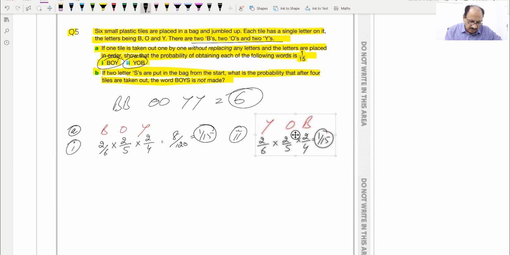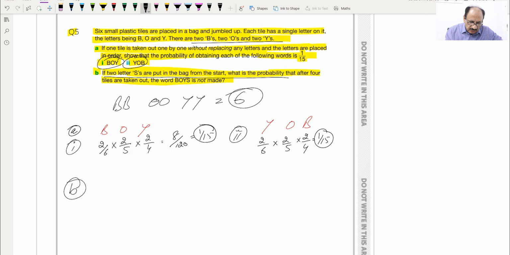And this will be our answer for part II. Now we can go for the B part, and B part says if 2 letters S are put in the bag from the start, what is the probability that after 4 tiles are taken out, the word BOYS is not made?